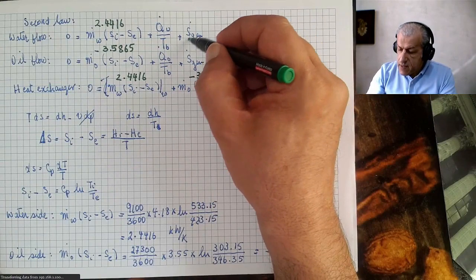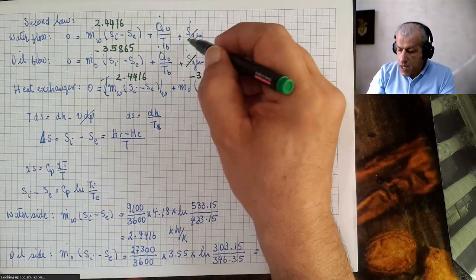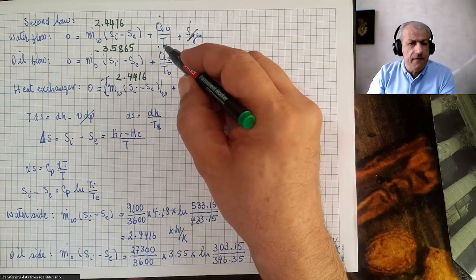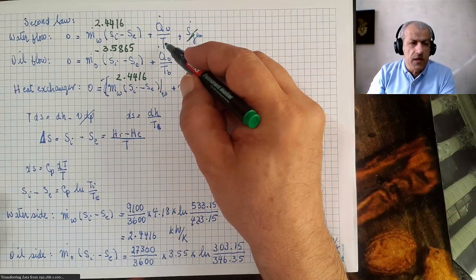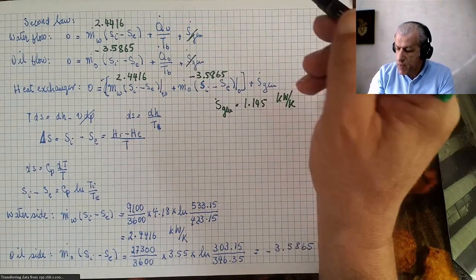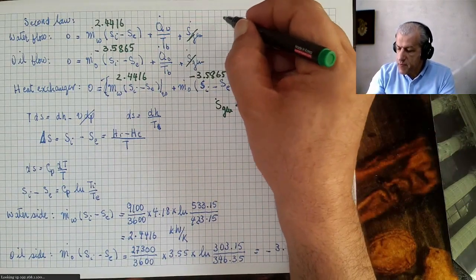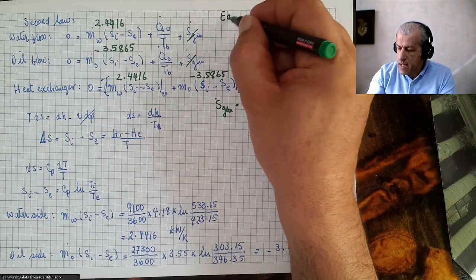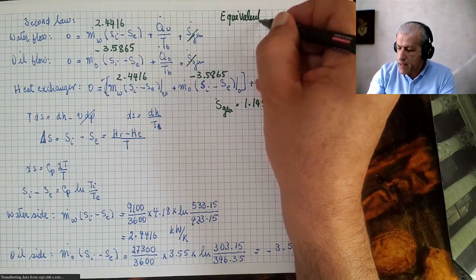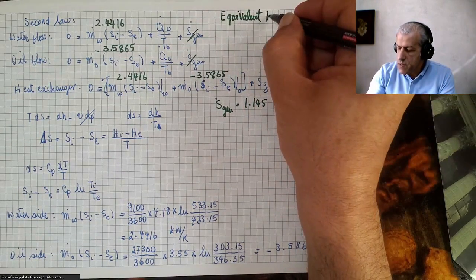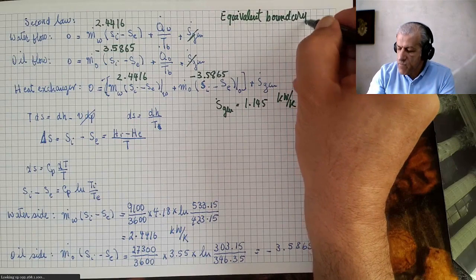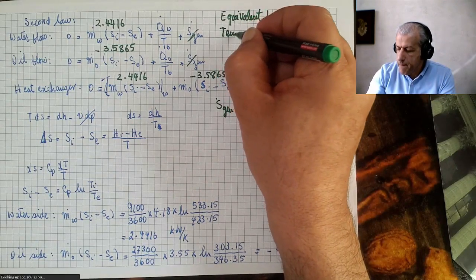Once we have cancelled out these two terms, as I mentioned, now we can have a sort of not average, but equivalent temperature. What we are now calculating is equivalent boundary temperatures.